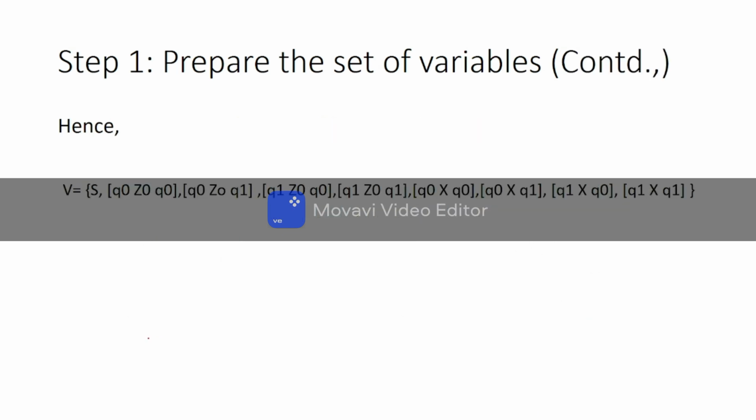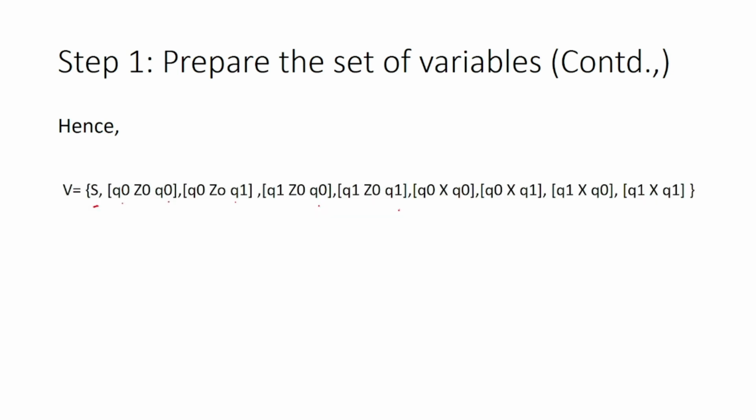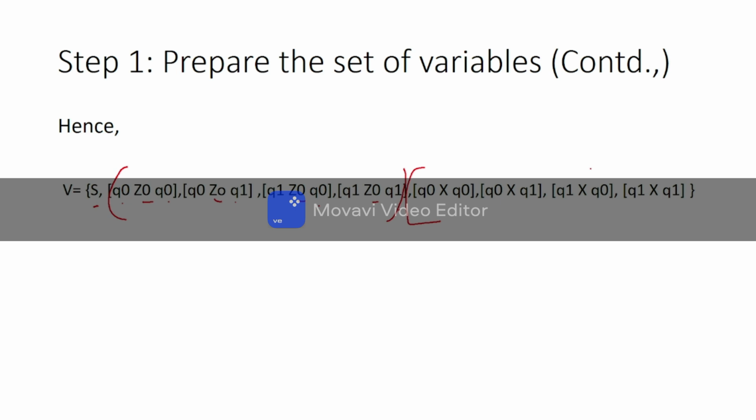So here are the variables: capital S, then q naught q naught, q naught q1, q1 q naught, q1 q1. In all these sets we have placed z naught in the second component. Then for the rest of the sets, q naught q naught, q naught q1, q1 q naught, q1 q1, we have placed x in the middle.